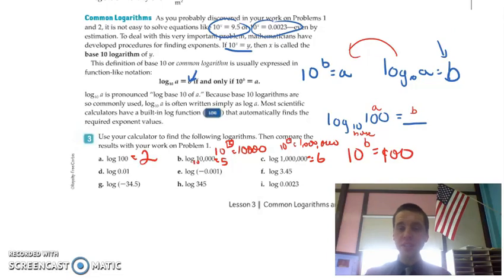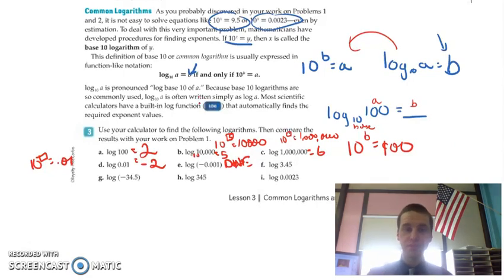So the logs are giving us what the exponent would be in an exponential function. So 10 to what power will give us 0.01? Well, we know that's -2. We know that this does not exist, call it DNE, it does not exist. It does not work. And so you'll see here that logs help us solve for exponents in exponential functions.